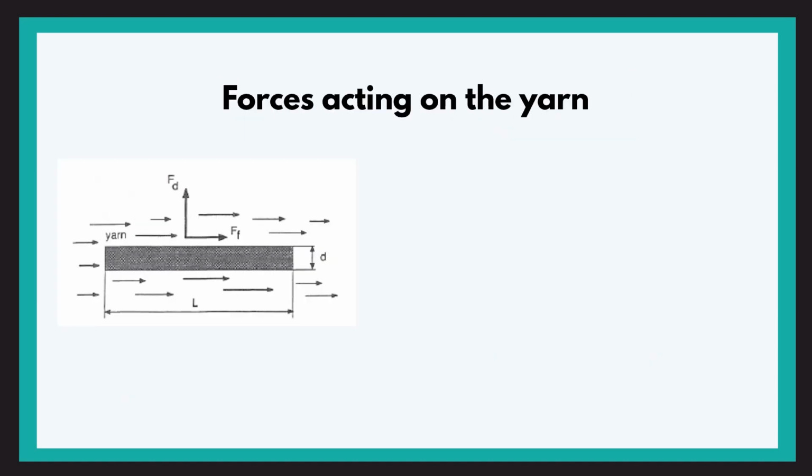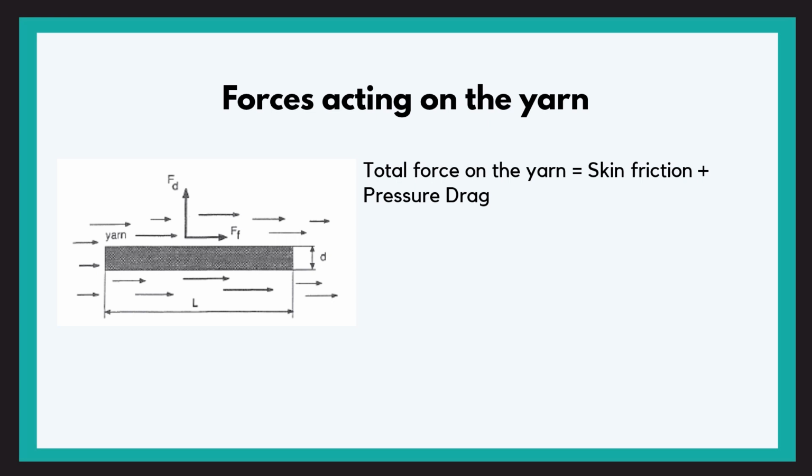So let us now discuss the dynamics of yarn insertion. Whenever any solid body is in motion through a fluid, the fluid exerts a force on the solid. Here the solid is the yarn which is moving in air, which is the fluid. The air will exert forces on the yarn in various directions. The net force exerted by the air on the yarn is the drag force.